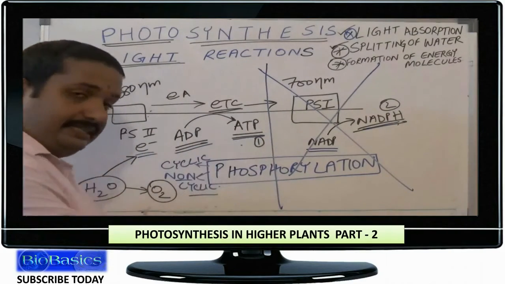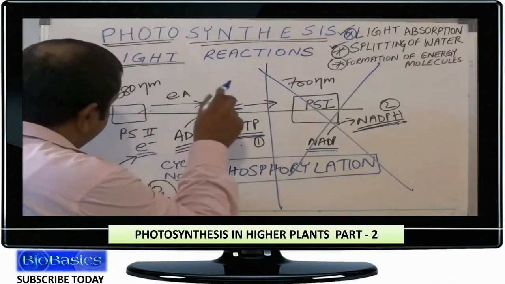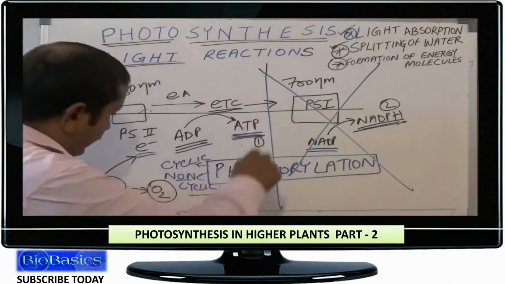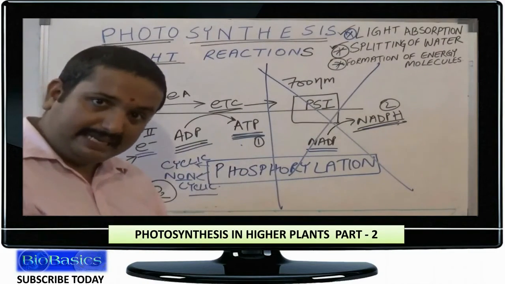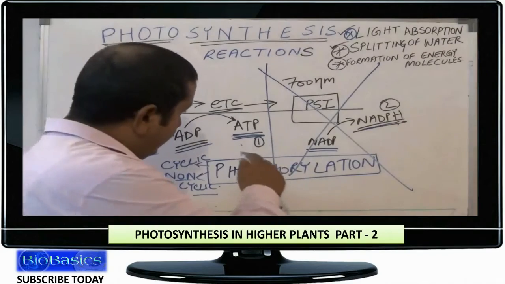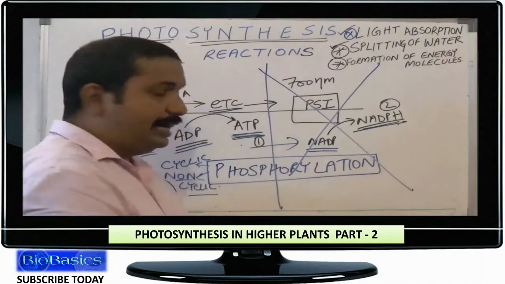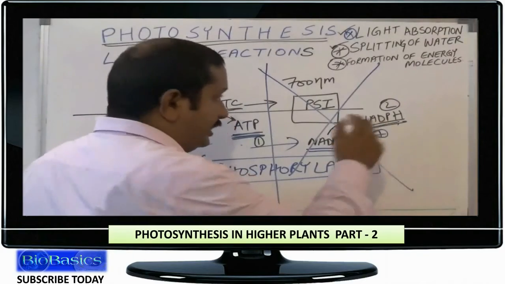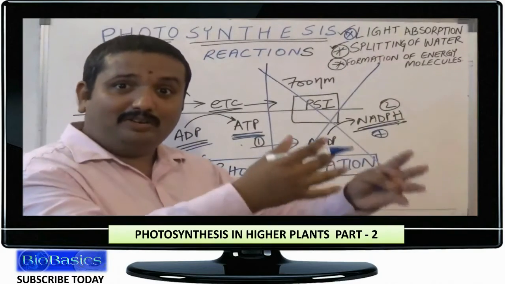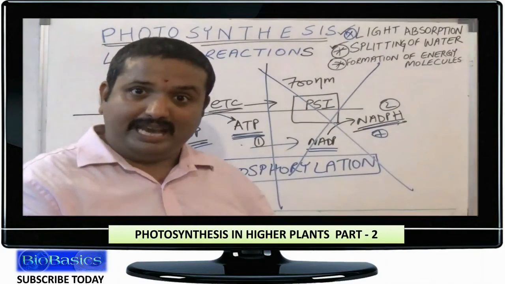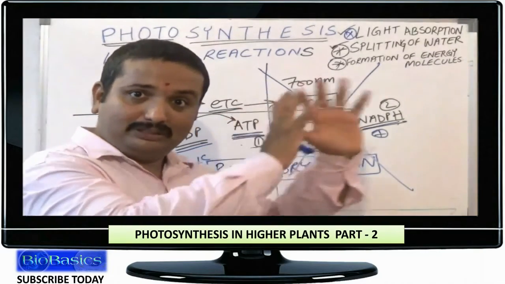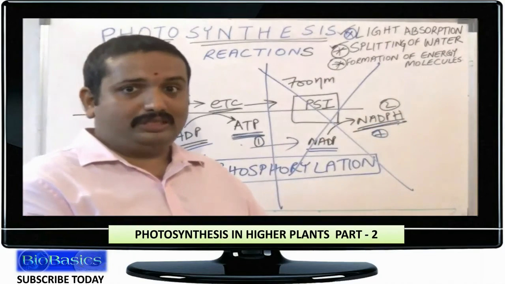The electrons will get excited and move and result in the formation of ATP, and this process will keep circulating here. This is called cyclic phosphorylation. Okay. The other process is where ATP moves forward and joins up with NADPH, and then both of them together go along with carbon dioxide and become part of the Calvin cycle, which is part of the dark reaction. That entire process is called non-cyclic phosphorylation.